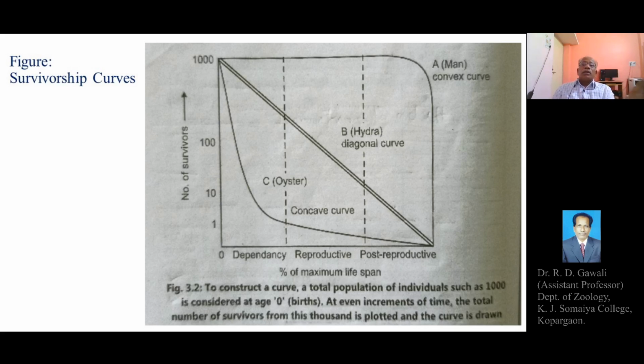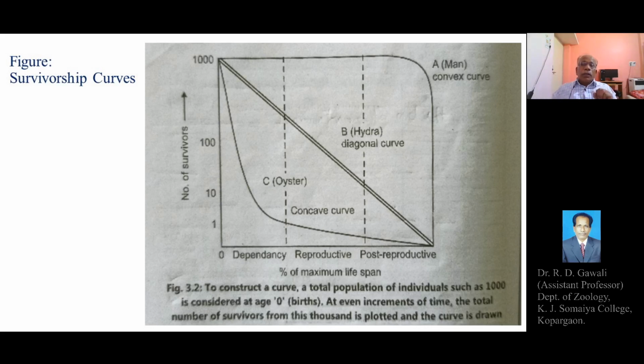Means young, adult, and old. So these are the three even increments of time representing young stage, adult stage, and old stage, or a period of dependency, reproductive, and post-reproductive.